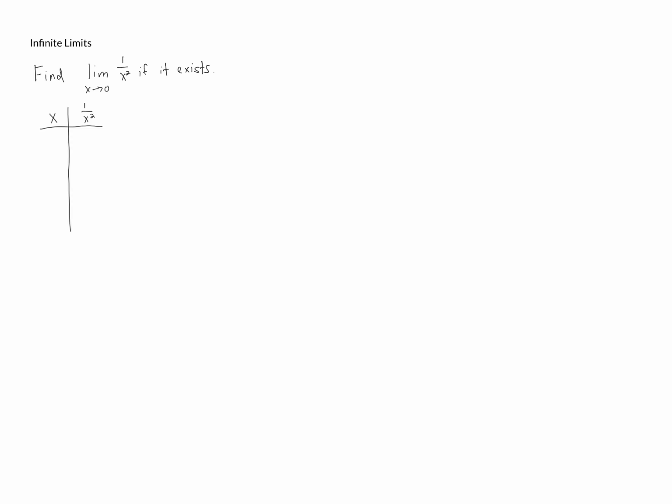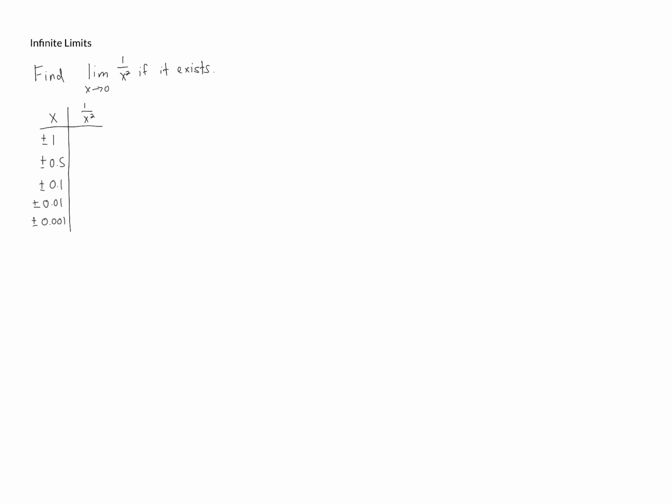So for our table of values, I'm going to write plus or minus 1, plus or minus 0.5, plus or minus 0.1, plus or minus 0.01, and plus or minus 0.001. And it doesn't matter if we've got the positive or the negative, we're still going to get the same result because x is being squared.